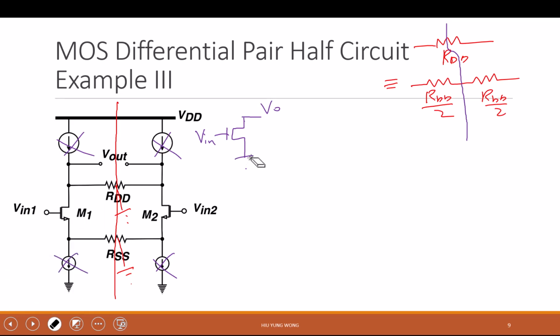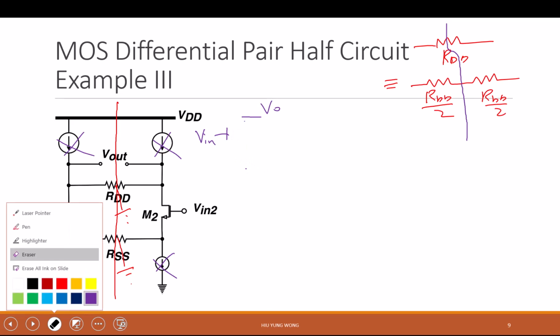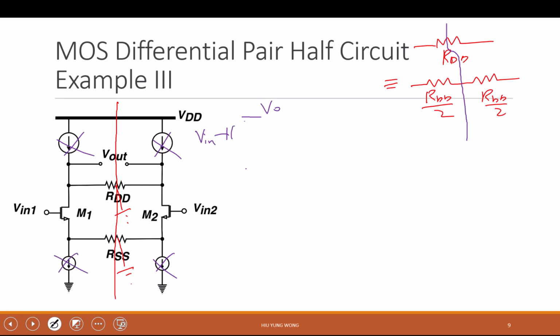Where should the source go? Go through the resistor. Which resistor? RSS divided by 2. Not RSS, but RSS divided by 2. Then how about the drain here? RDD divided by 2. Okay.